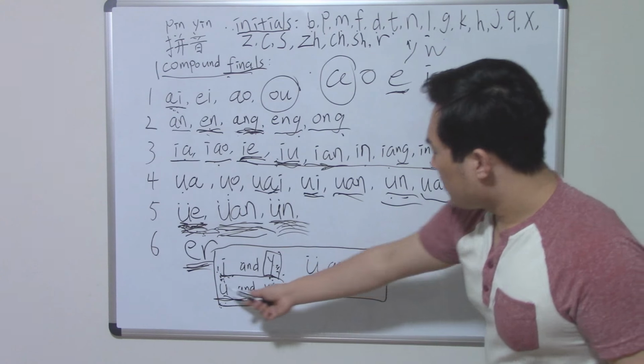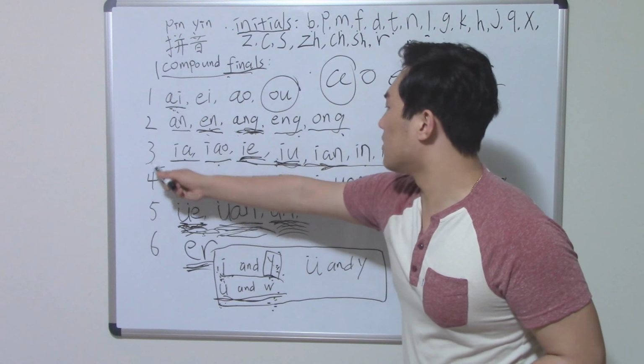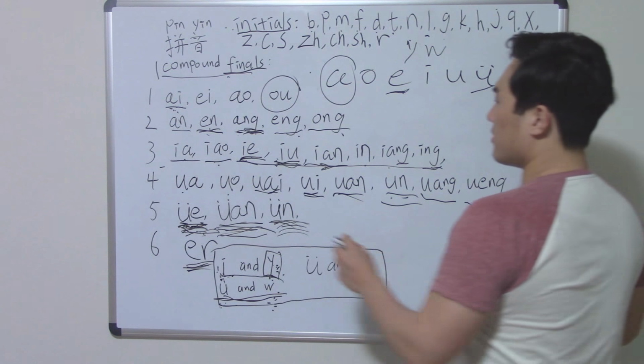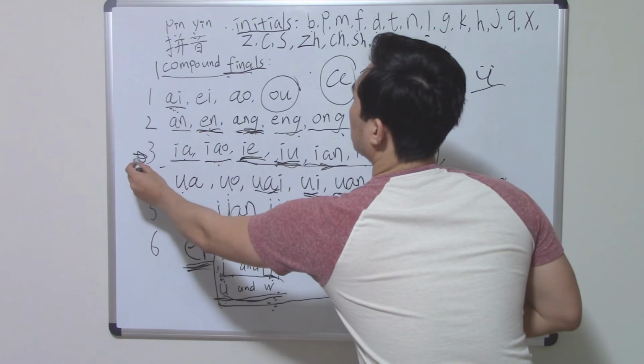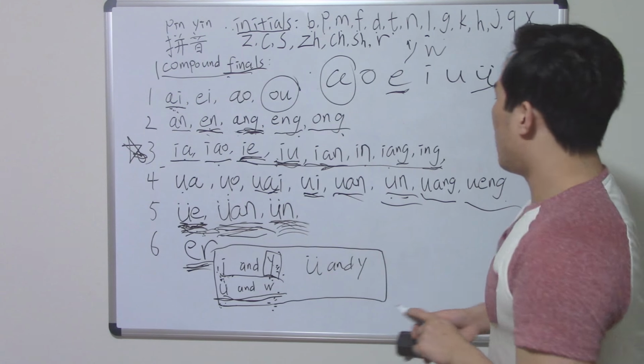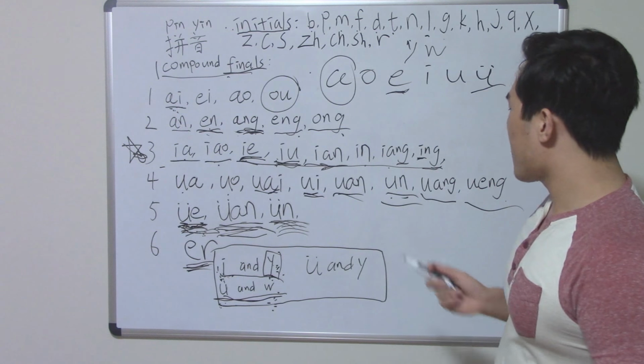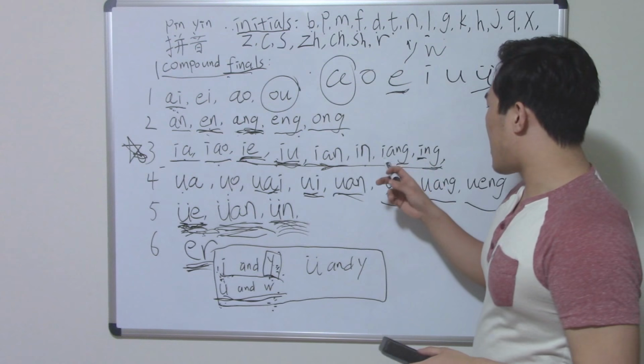But in this case, when it's I, when it's all these number 3, the entire number 3 here. Okay, let me draw the star here. It's not really a star, but here we go. All of these, you start with I here, right? You don't really use that I here.